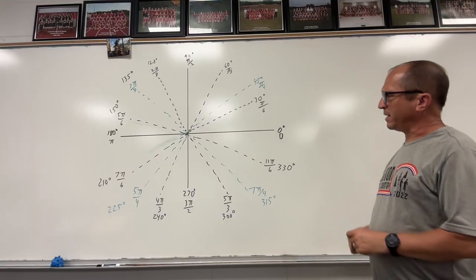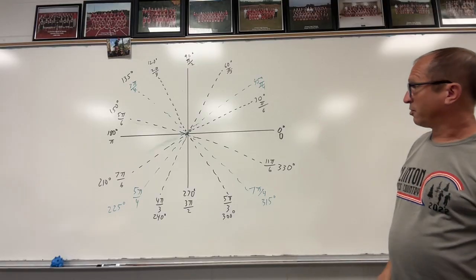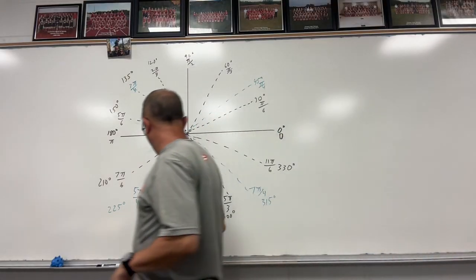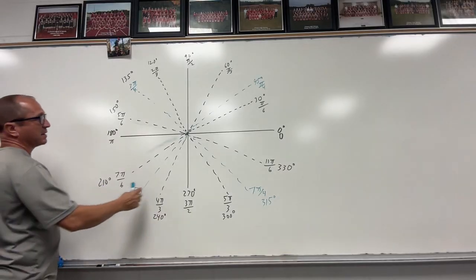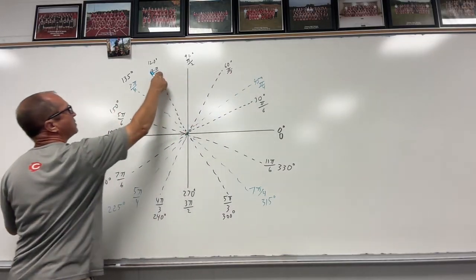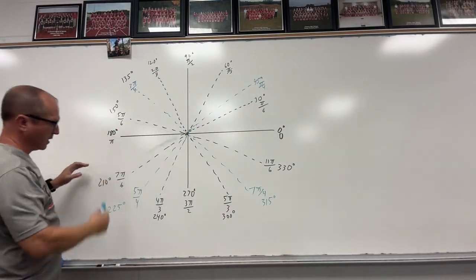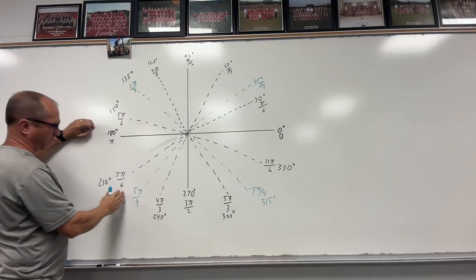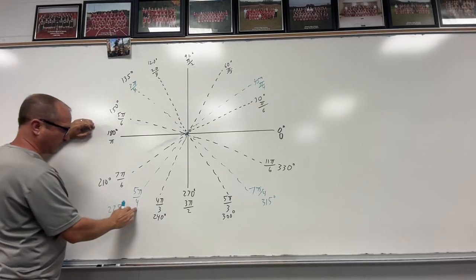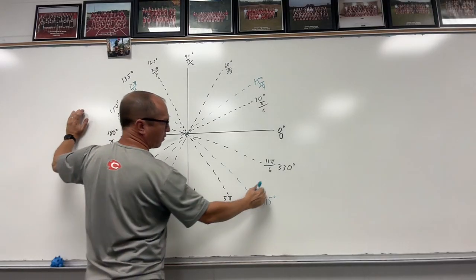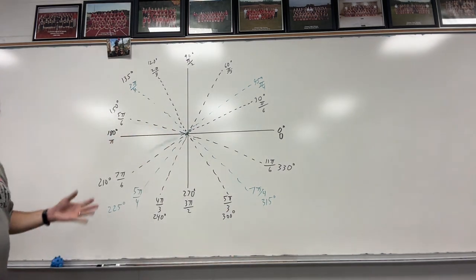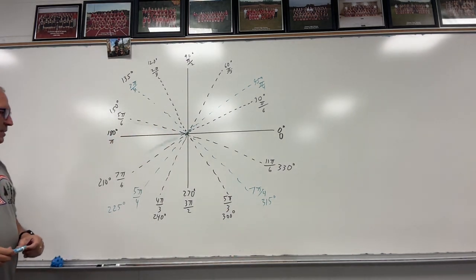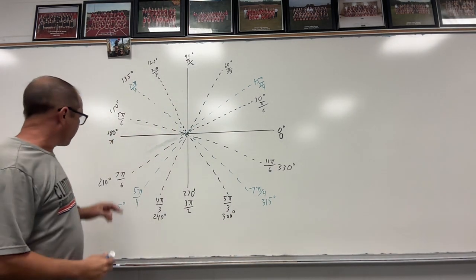Now, let's go into the third quadrant. And again, picking up the patterns, you go 6, 4, 3, 2, 3, 4, 6. So we're going to have the same thing here. 6, 4, 3, 2, 3, 4, 6. That's going to be the pattern that your denominators hold up to.